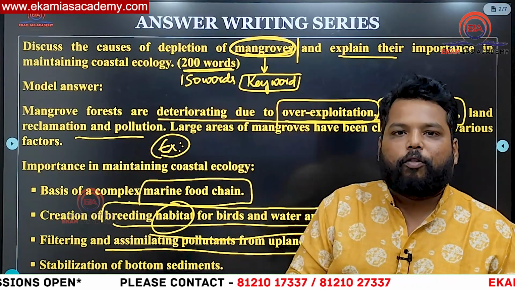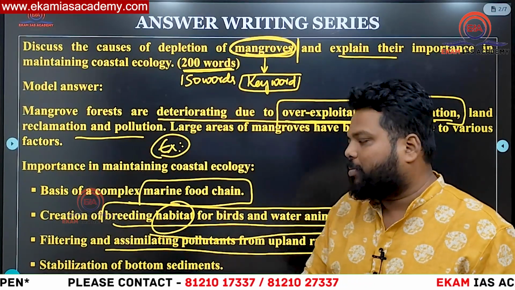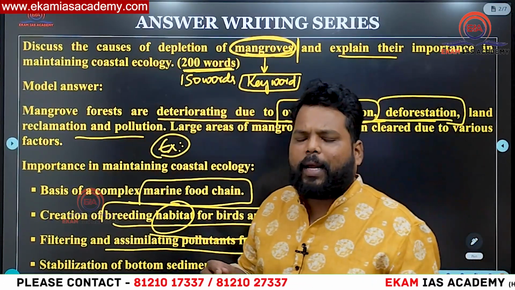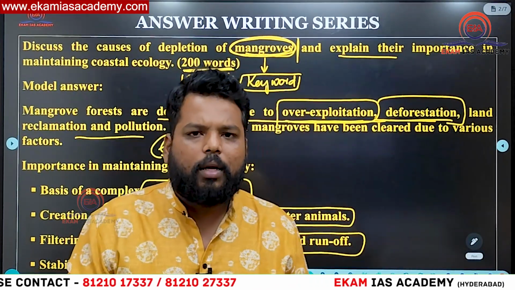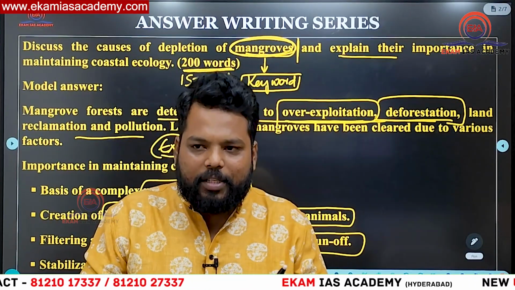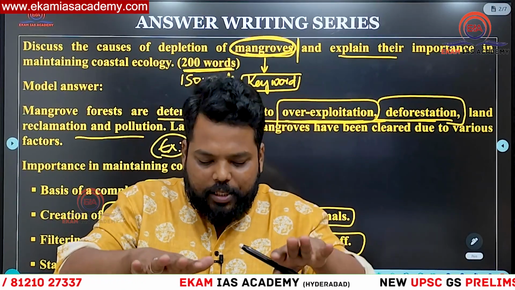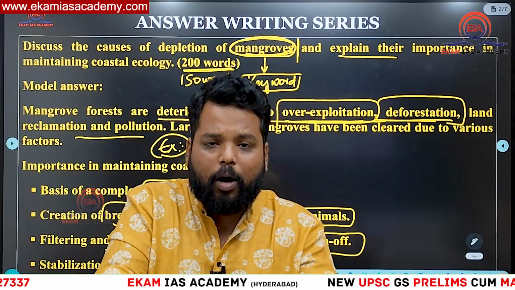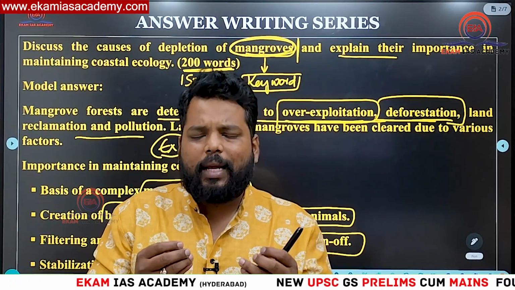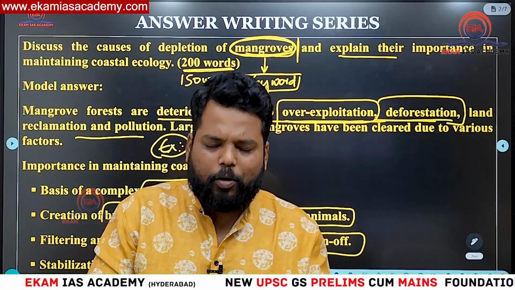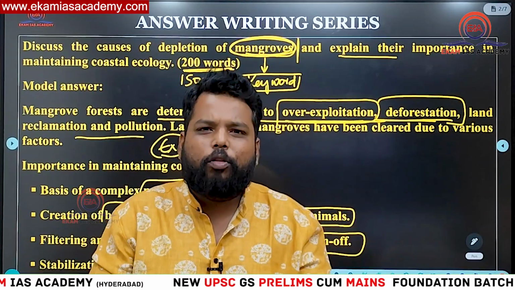And if you could see the fourth one, stabilization of bottom sediments. Generally, we would be having different sized and different weight sediments, like certain sediments of huge size which tend to deposit on the bank, on the bed. Certain sediments like clay and silt don't tend to deposit; they tend to float on the water.